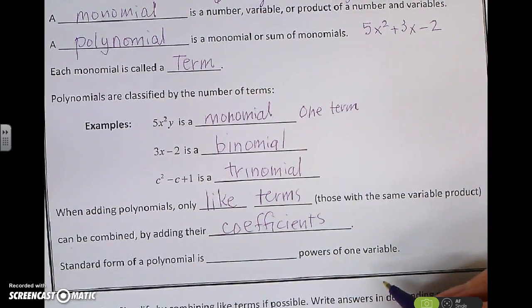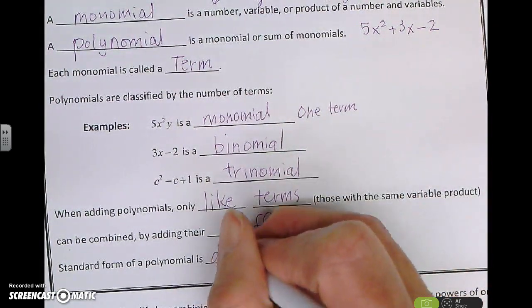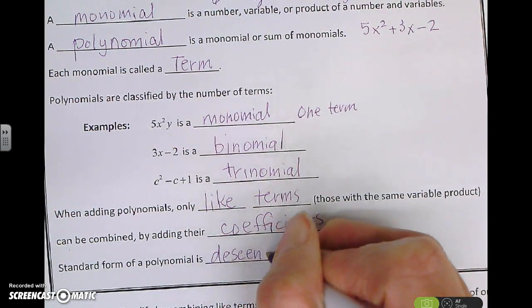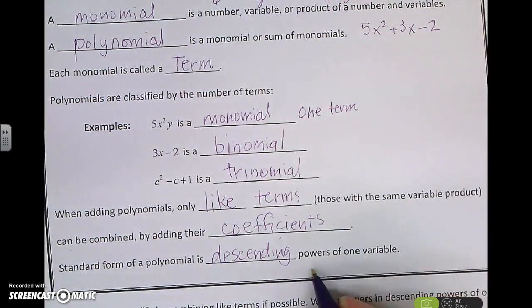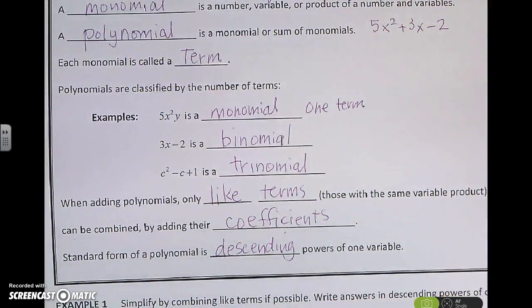Standard form of a polynomial is in descending powers of one of the variables.